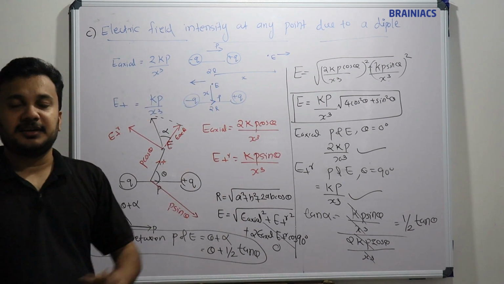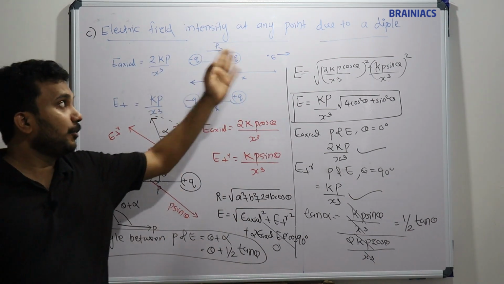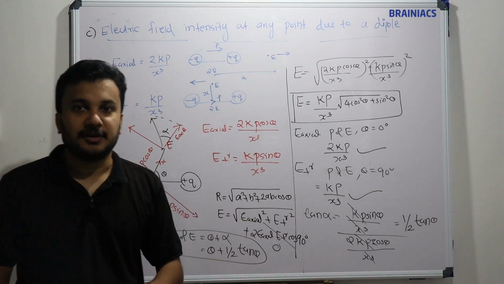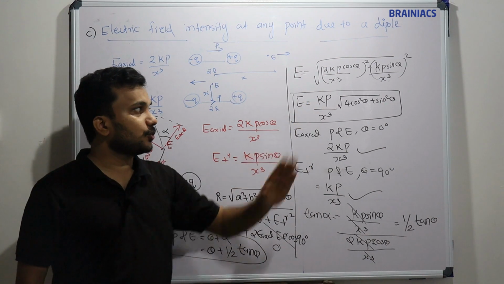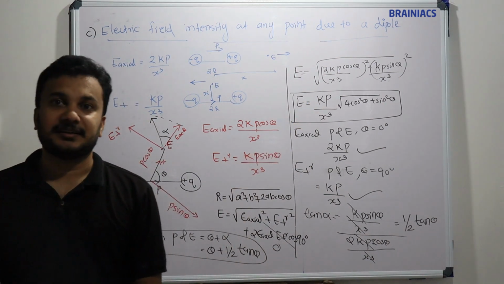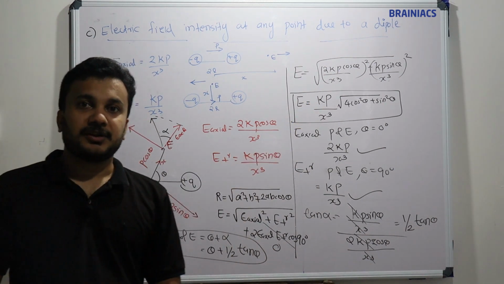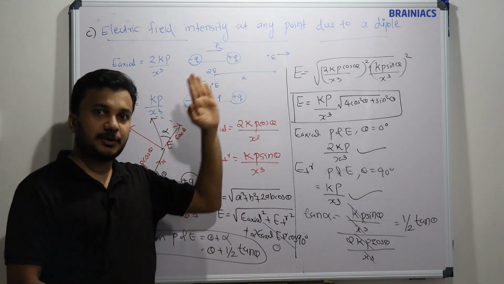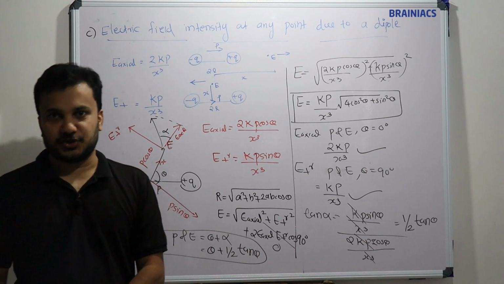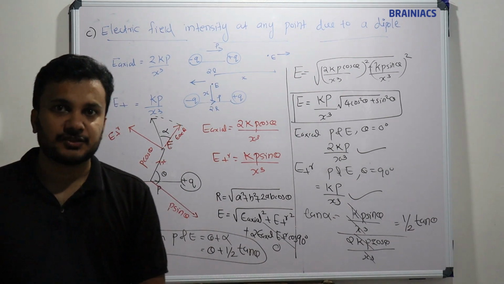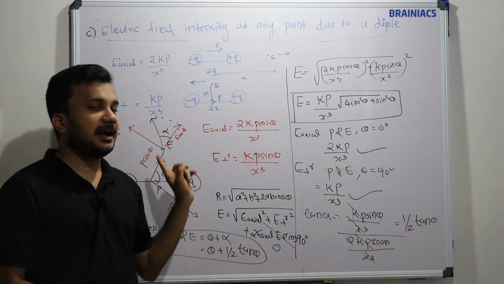Third case, electric field intensity at any point due to a dipole. Formula is kp by x cube into root of 4 cos square theta plus sin square theta. Theta equal to 0 degrees for an axial position and theta equal to 90 degrees for an equatorial or perpendicular bisector position. Now, in this case, what is the angle between P and E?